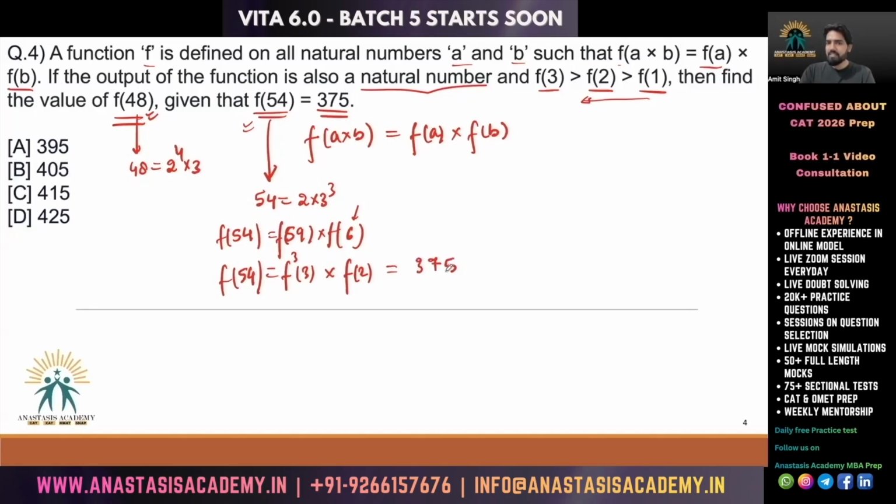F54 can be written as this, and this has to be equal to 375. Because these are natural numbers, I need to break this 375 into some powers and products of natural numbers. So let's just find the factors of this number, right? Let's just prime factorize this number.